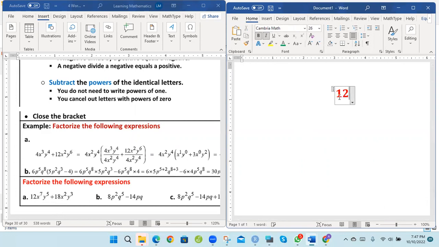So we have 12x to the 7, so please write this down. 12x raised to the 7 times y raised to the 5.